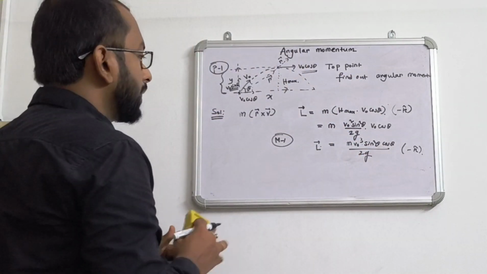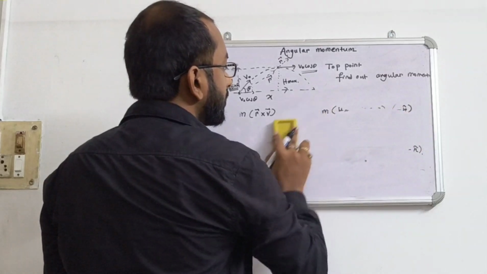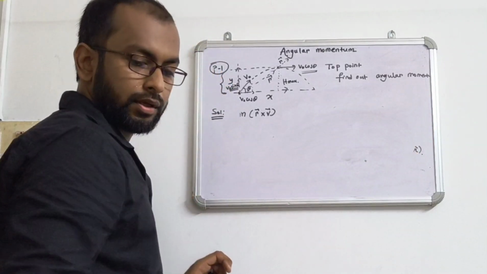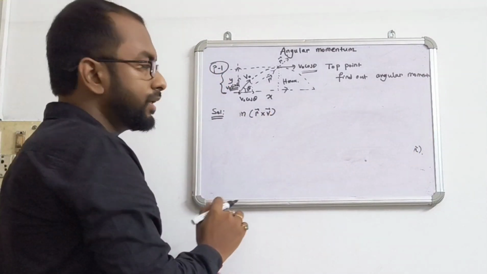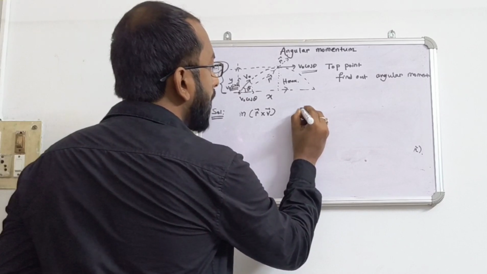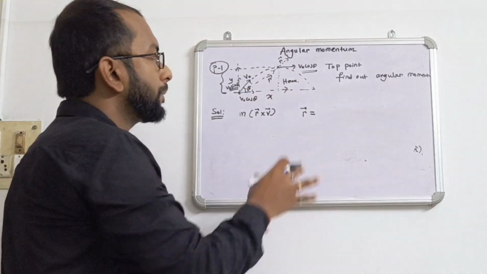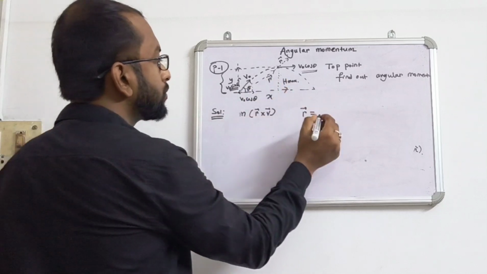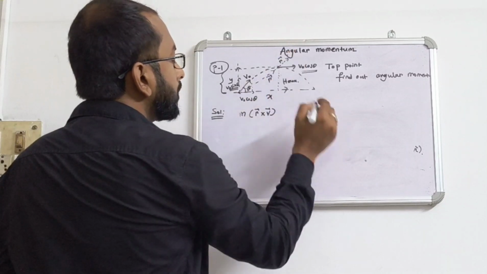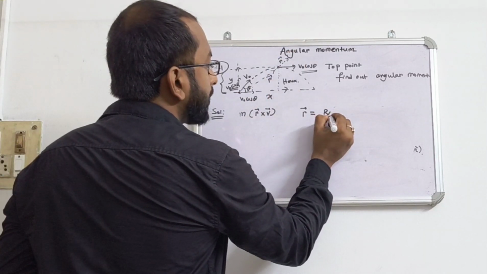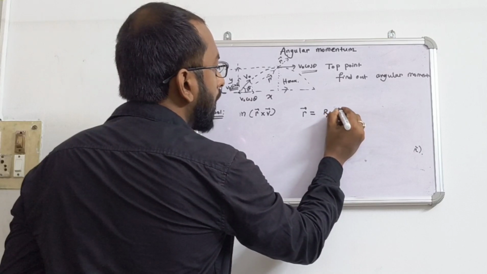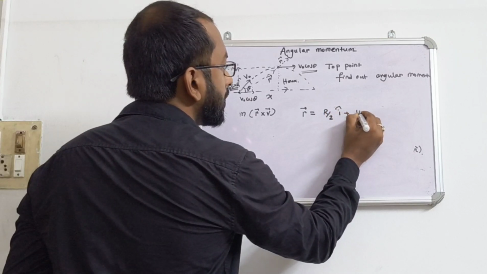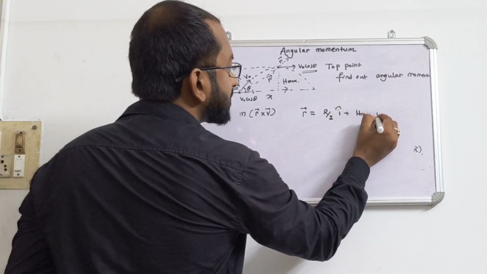Now another method is, as you know, angular momentum is r cross v. You can write what is the r vector at the topmost point. When the particle is at the topmost point, what is the r vector? See, this is the range, so this is the half range, R by 2. So you can write this position vector as R by 2 i cap plus h max j cap.